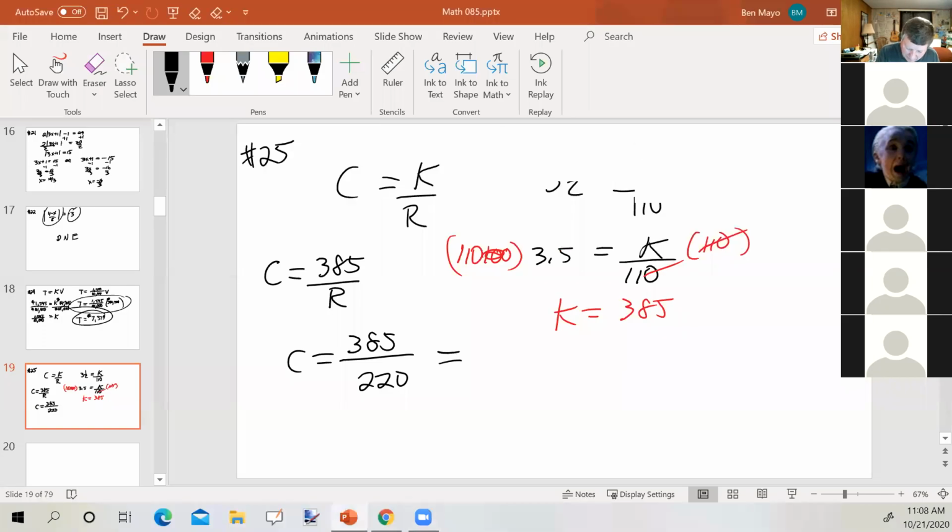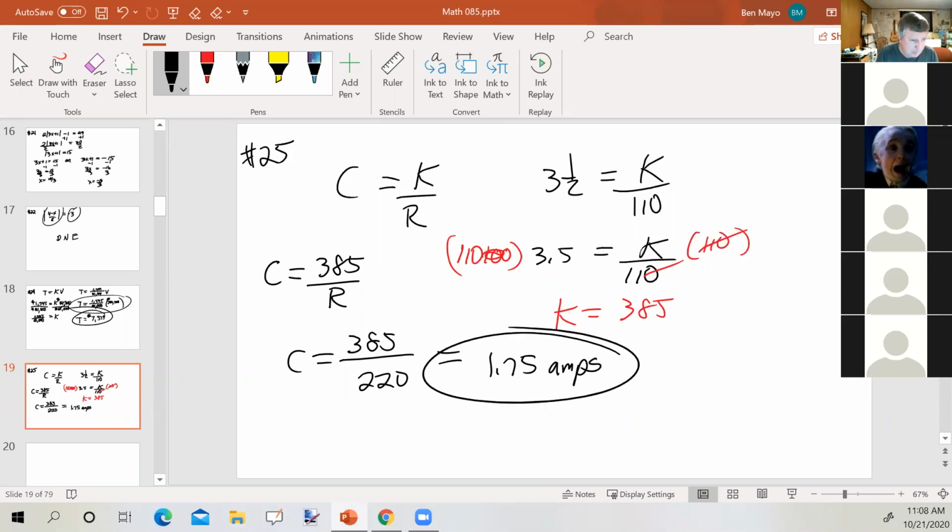So now we've got the current is 385 divided by 220, which is 1.75, and that is amps. Okay.